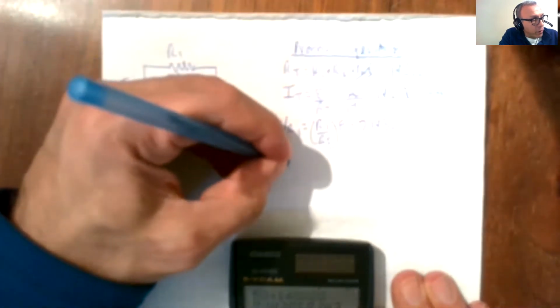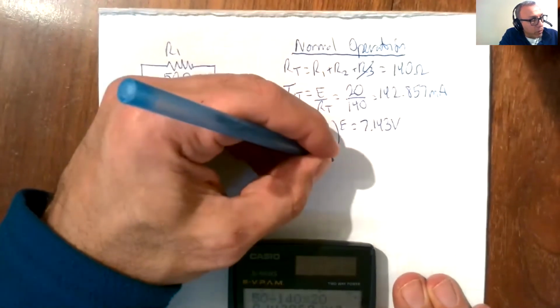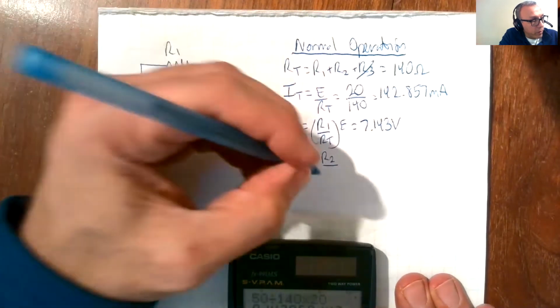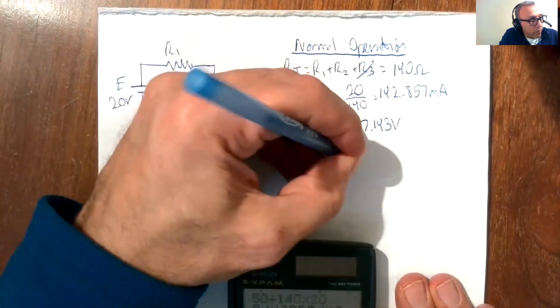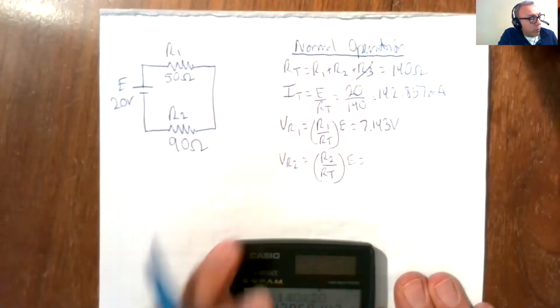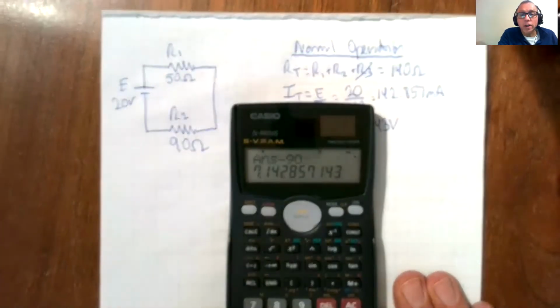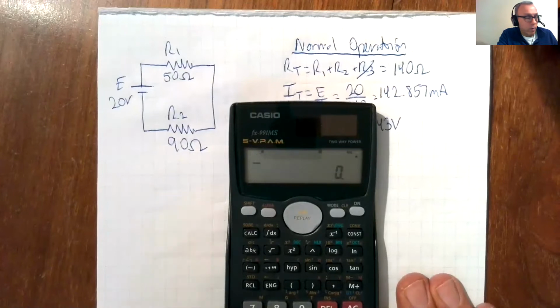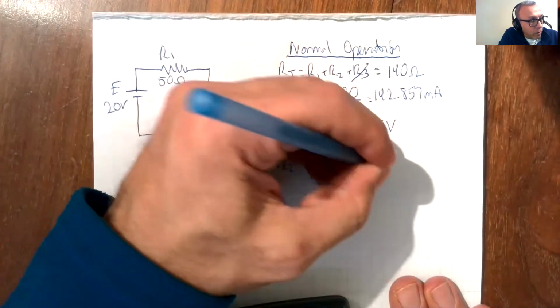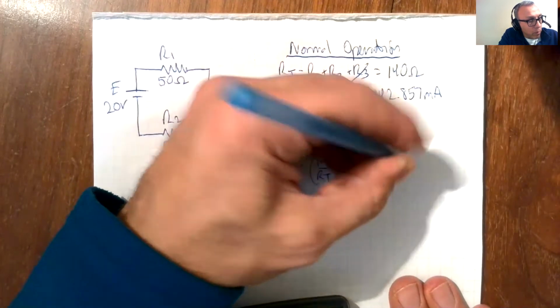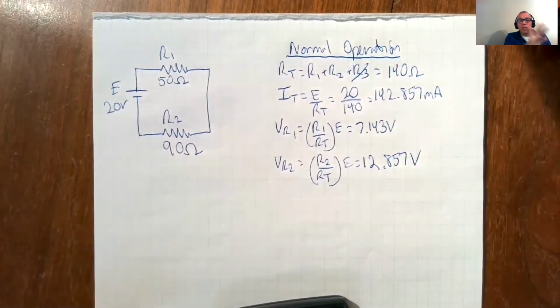And then VR2 is equal to R2 over RT times 20, which works out to 90 divided by 140 times 20, 12.857. So that is our circuit in normal operation.